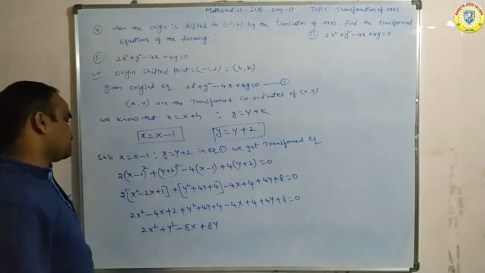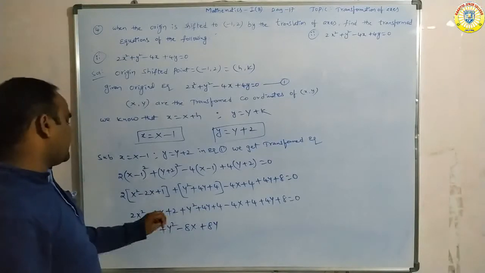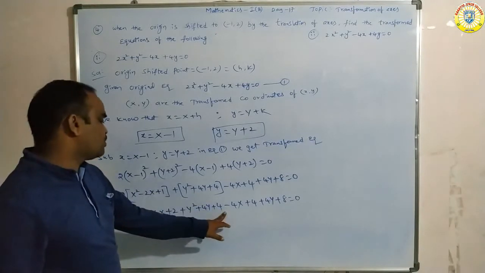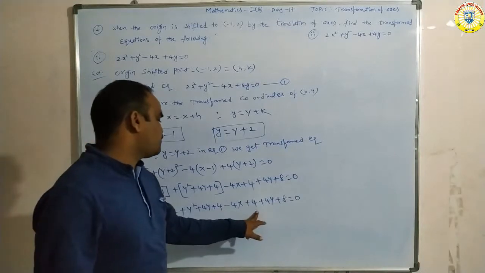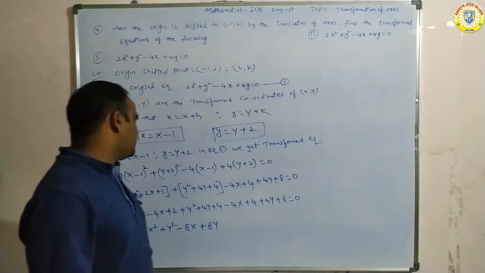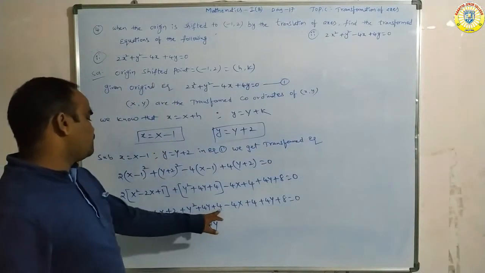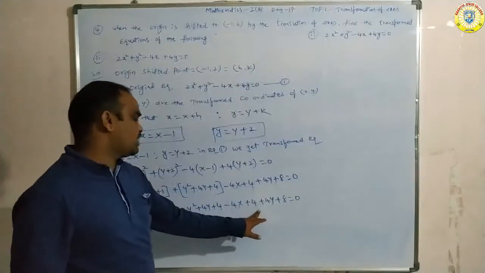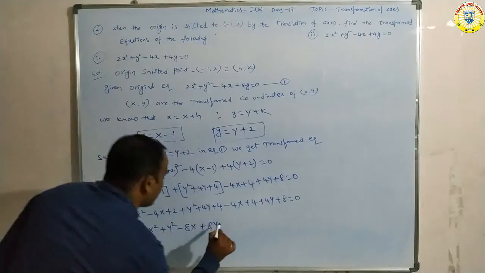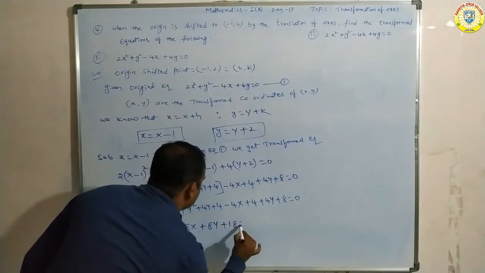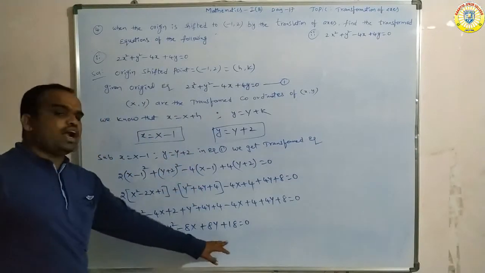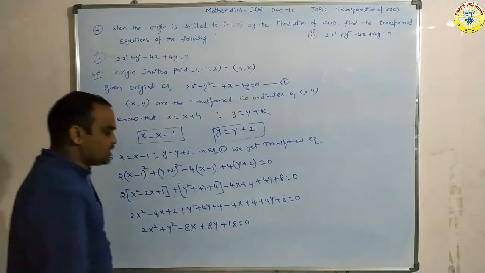Okay? 4Y plus 4Y is 8Y. Now we are writing the constant value: 2 plus 4 is 6, 6 plus 4 is 10, 10 plus 8 is 18. Here observe this one: 2 plus 4 is 6, 6 plus 4 is 10, 10 plus 8 is 18, is equal to 0. This is the required transformed equation.